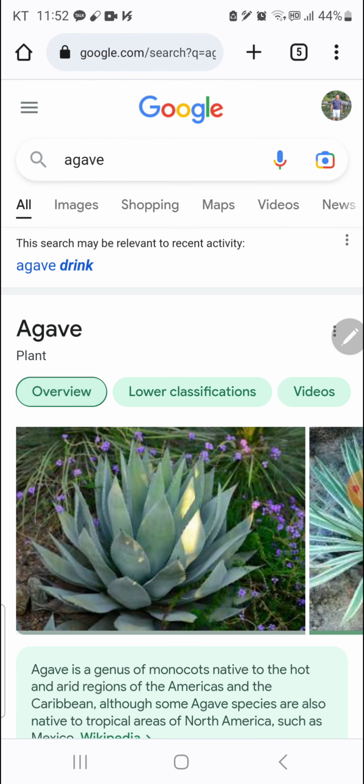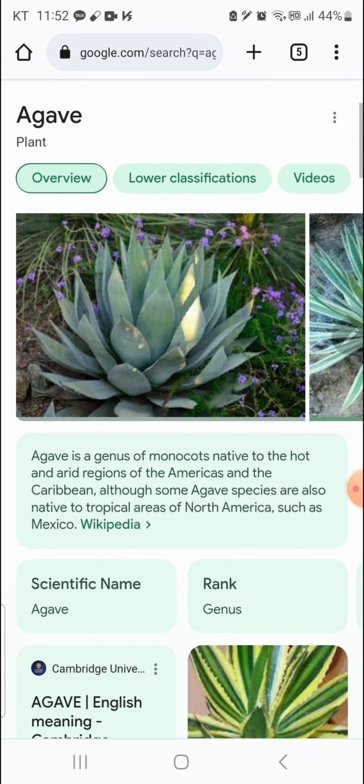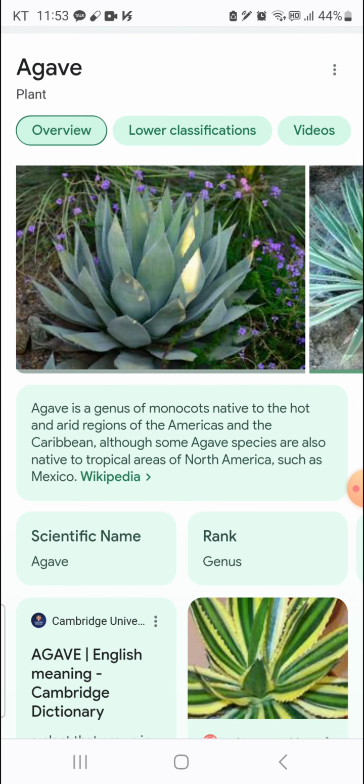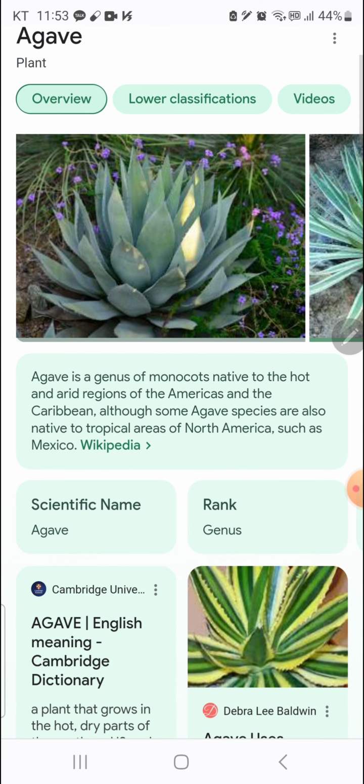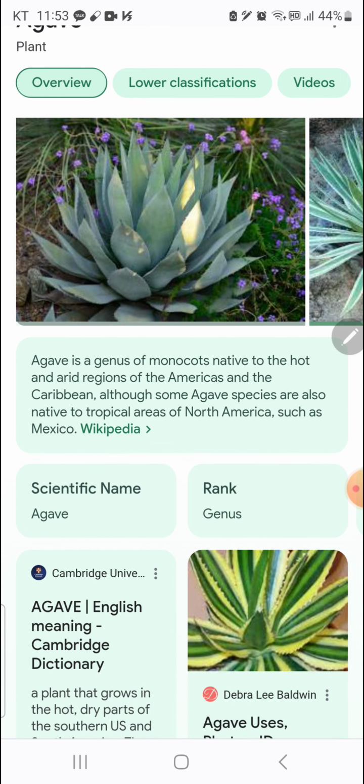Agave is part of cactus. Agave is a genus of monocots native to the hot and arid regions of the Americas and the Caribbean, although some agave species are also native to tropical areas of North America, such as Mexico.